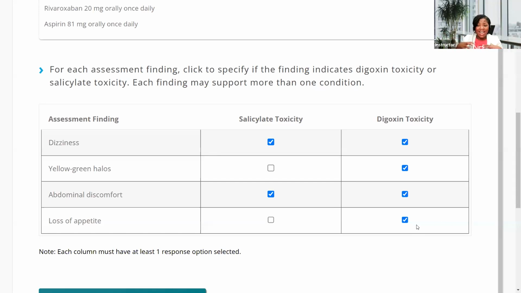When somebody has digoxin toxicity, they present with GI discomfort, loss of appetite. They can also report dizziness, and then those halos, visual changes, photosensitivity, all of those things. All right. So what you see on the screen is actually the correct way in which we would assess the findings for both of these conditions.